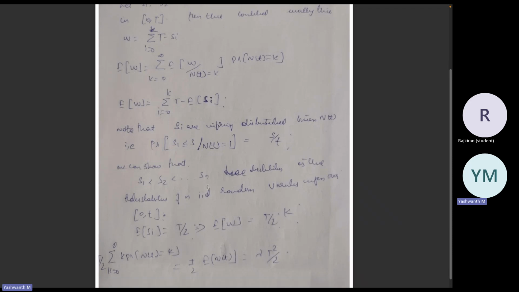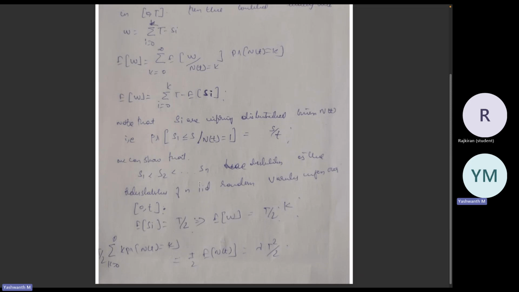So in general, if N of T is K, that means K arrivals have happened. Their distribution, S1, S2, up to Sk, follows the order statistic distribution of S1 to Sn, where each S is distributed uniformly between 0 and T. I'll try to prove this in the next session.